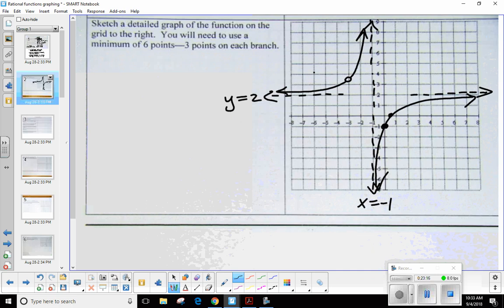So this hole, we found to be at -3, 7/2. The x-intercept was 1/2, 0. The y-intercept was at 0, -1. We already labeled the asymptotes. We got a pretty good idea of what our function is going to look like. So that would get 100%. You can put more points on there if you want, but it's not necessary.